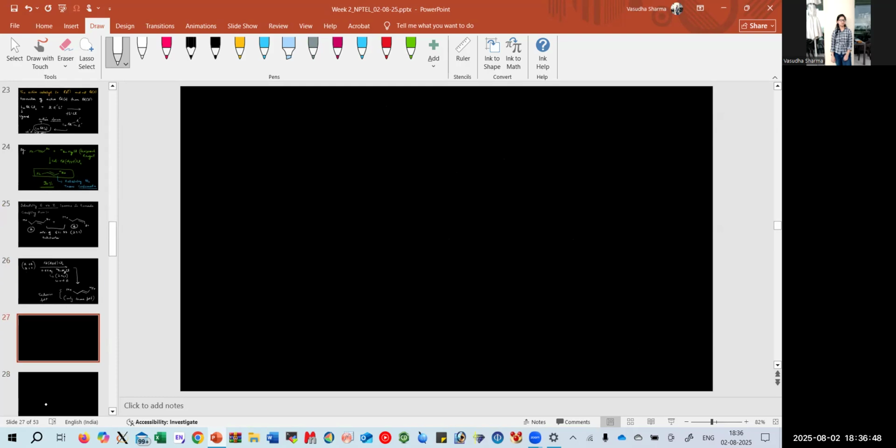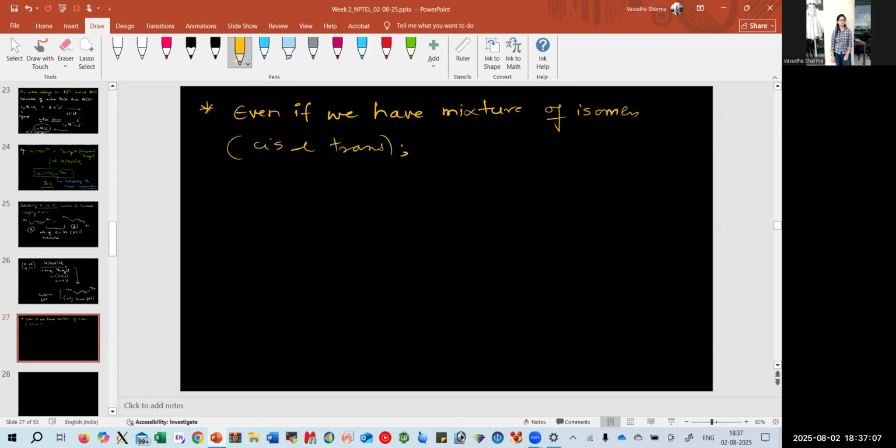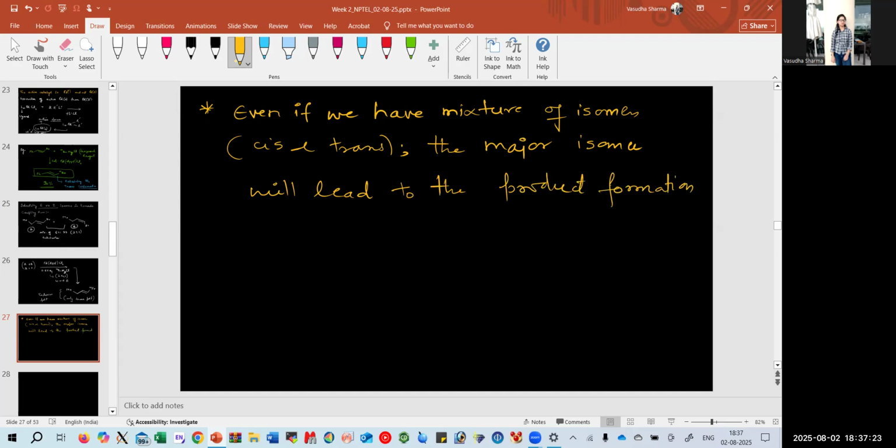So the take-home message is that even if we have a mixture of isomers, cis and trans, the major isomer will lead to the product formation, and in this case this isomer will not even react.